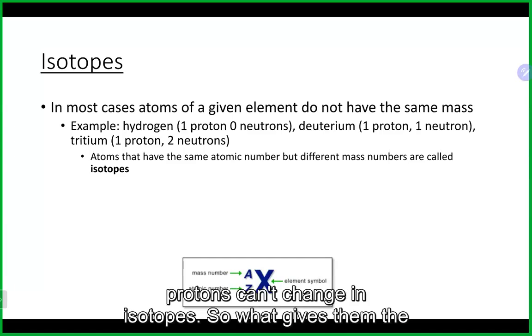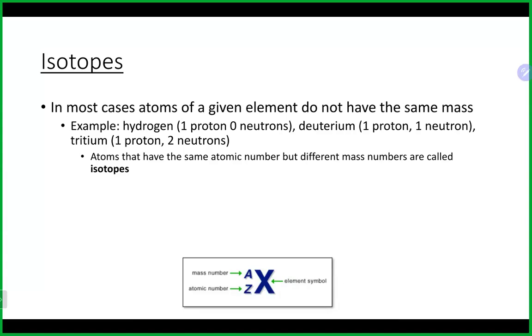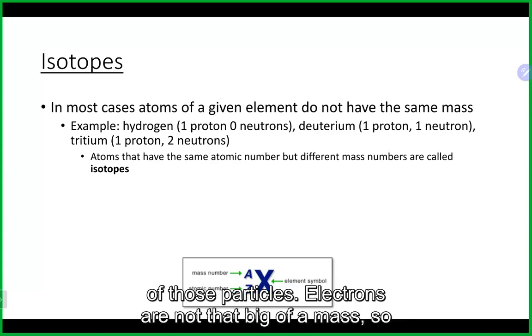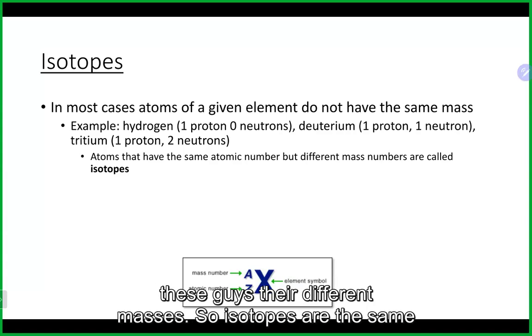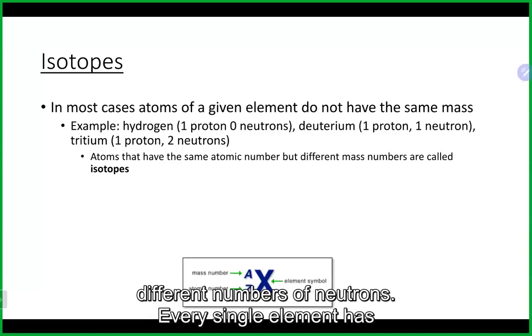What gives them the different mass is they have different numbers of neutrons. The reason for that is, again, neutrons are the heaviest of those particles. Electrons are not that big of a mass. So it is actually the number of neutron differences that give these atoms their different masses. So isotopes are the same element, but have different masses because they have different numbers of neutrons.